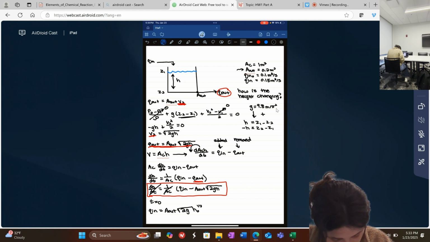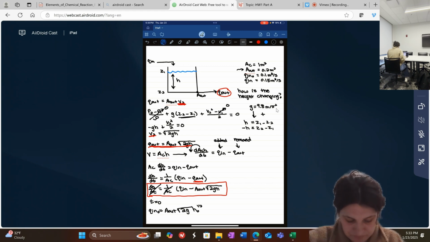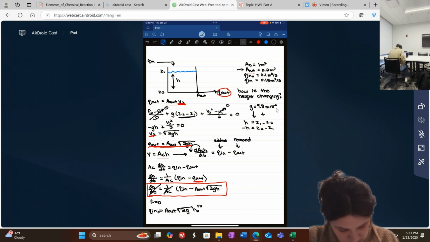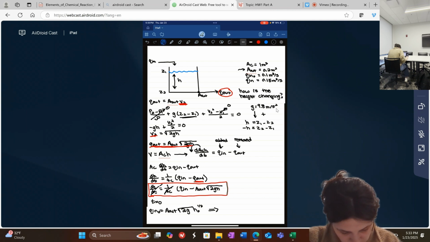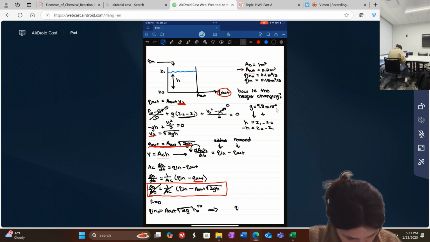This is also the Q in naught since this is at time equals 0. Now we can isolate H naught, which will give us Q in naught over A out times the square root of 2g, and the whole thing squared.